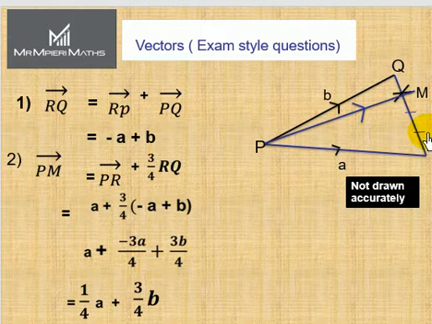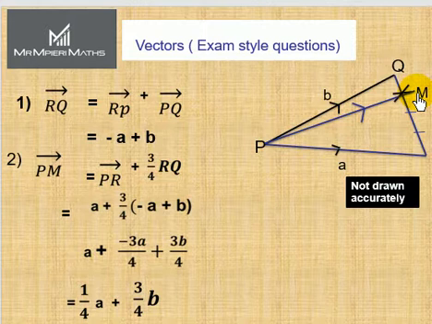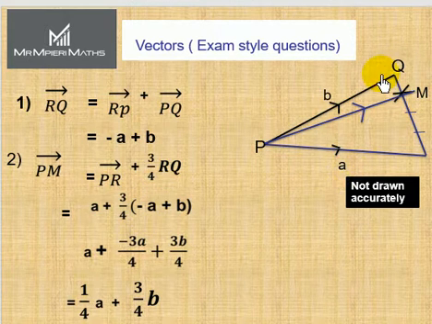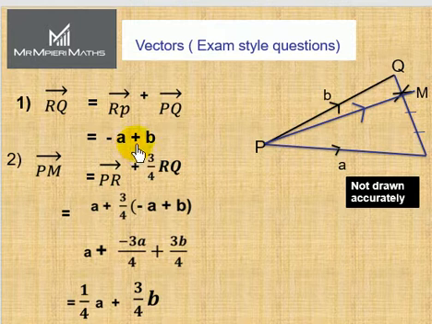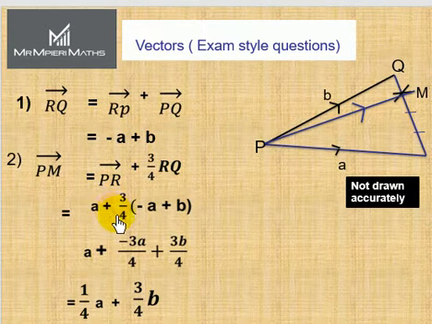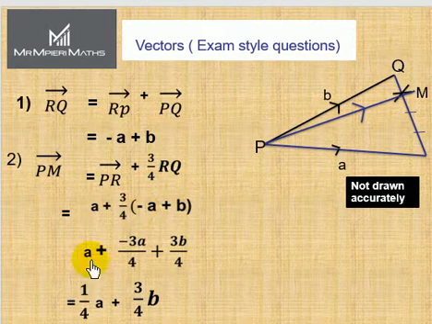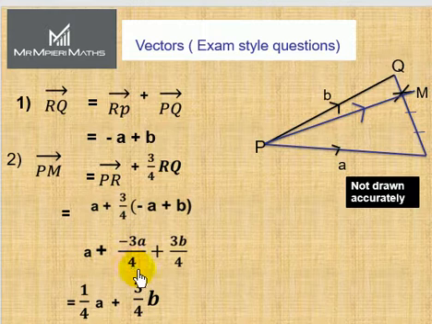So PM becomes PR, which is a, plus 3/4 of RQ. We have found RQ to be minus a plus b. So it becomes a plus 3/4 bracket minus a plus b. Tidy this up, multiply the bracket. So a, minus 3a over 4 plus 3b over 4. This here becomes just a quarter. So 1/4 a plus 3b over 4, and that's it, done.